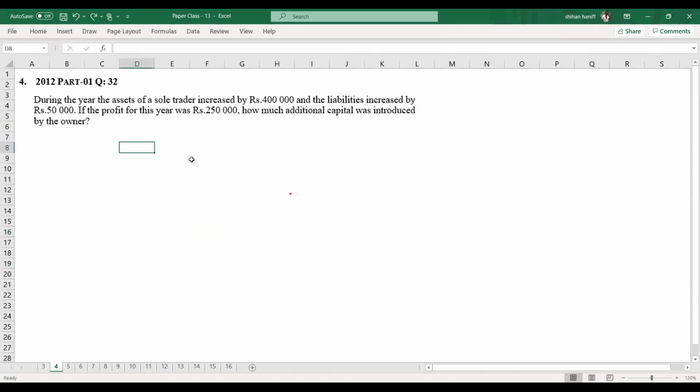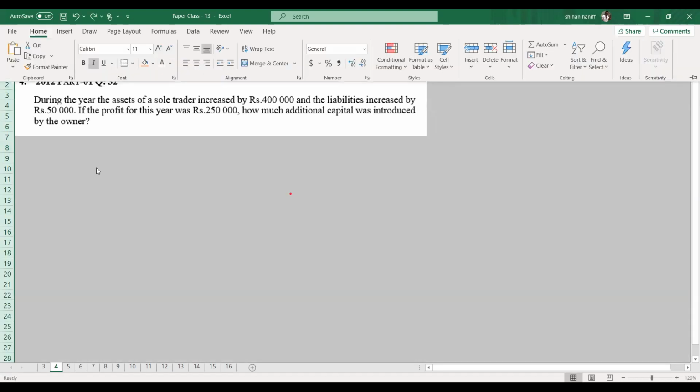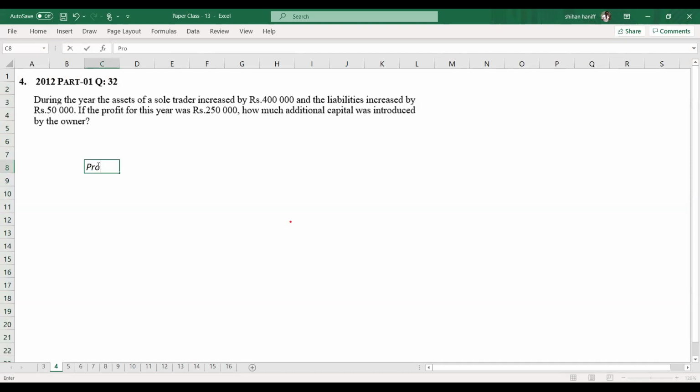You calculate the answer for this by using the profit equation. The profit or loss equals... or we can use the equation assets equals equity plus liabilities. We can use this equation.